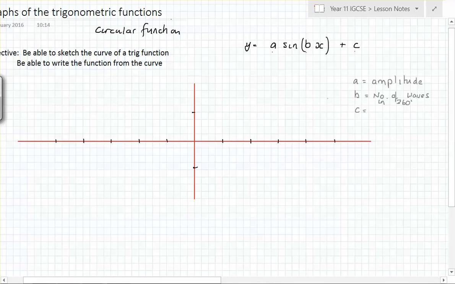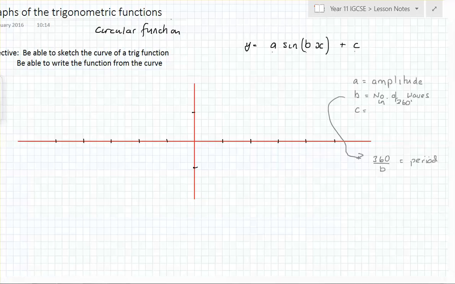And what we can say from that, which has come down here, is 360 divided by B is the period, so the length of the wave. Okay. And C is the y-intercept, where it crosses. I'm going to say no, it does with this one, but it doesn't work with cosine.